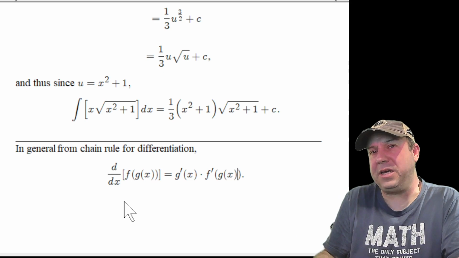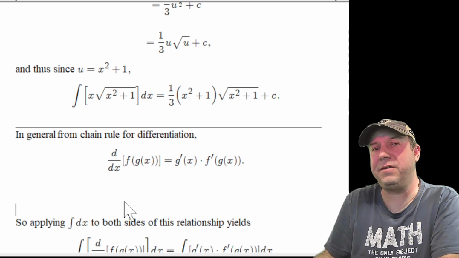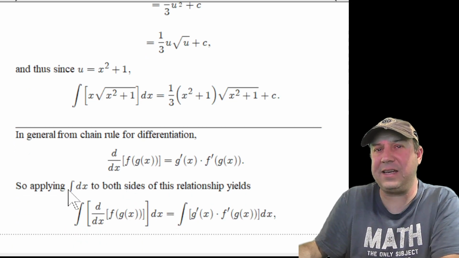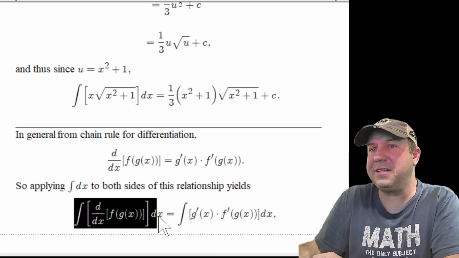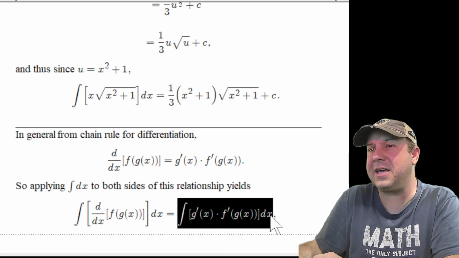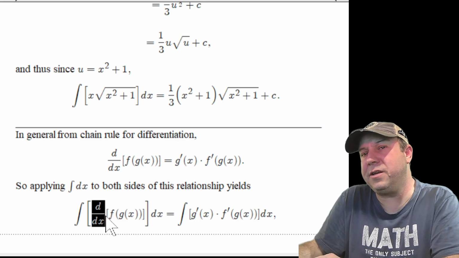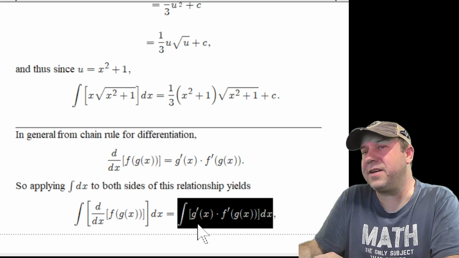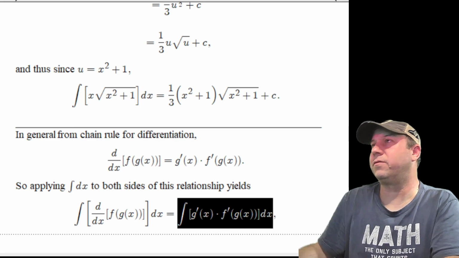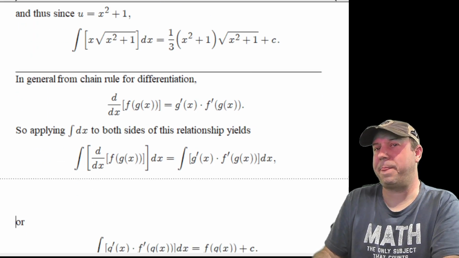Right? Which means if I apply the antiderivative operator to both sides, that integral of dx to the left and to the right-hand side, when applied to the left, it's going to undo this differentiation. And it's going to leave the antiderivative of this result from chain rule on the right.